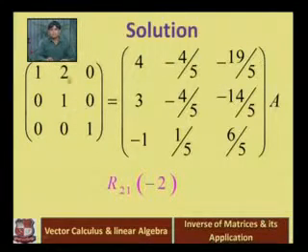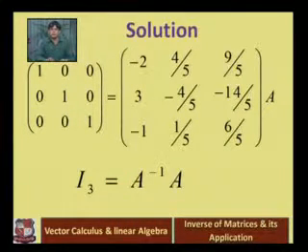Now we still have 2 here, but we need the identity matrix. For that we do the operation R1 - 2R2, meaning multiply the second row by -2 and add it to the first row, and the result matrix is given.